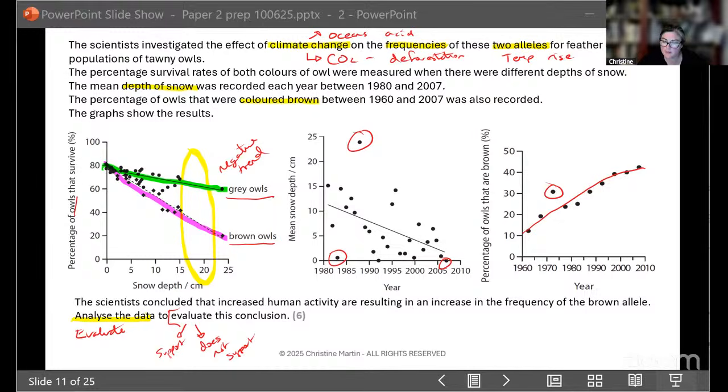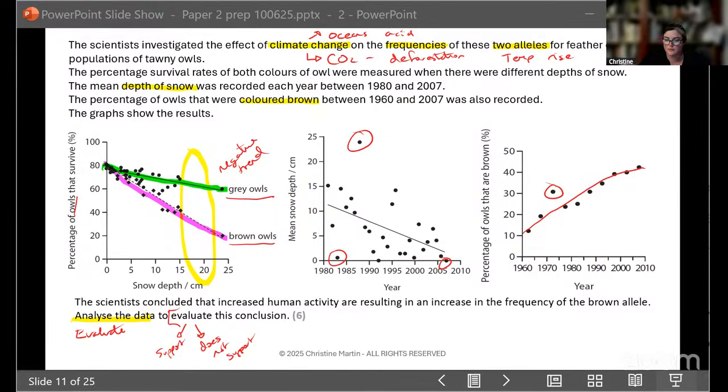Spearman's rank, where are you? Spearman's rank. Yeah, so hold on, I'm just going to copy this straight across.